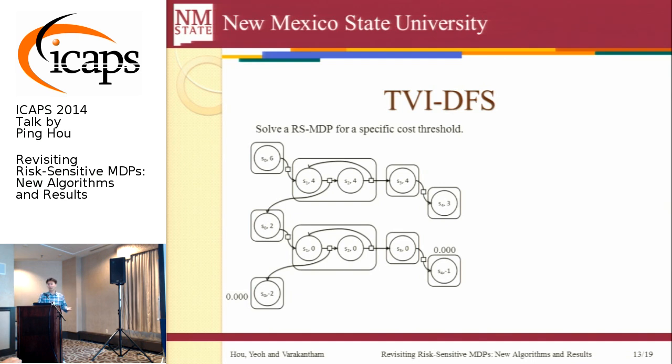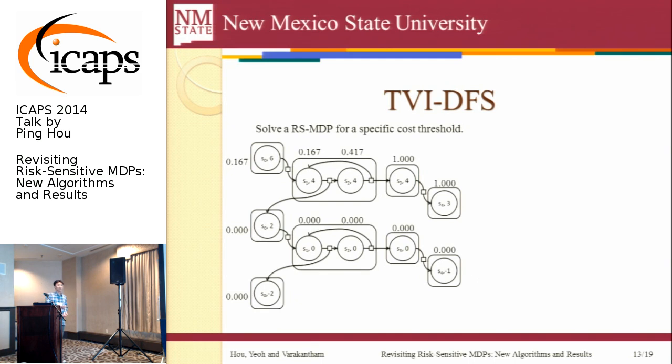Then, based on the update equation, you can calculate the reachable probability for this branch. It's also 0. And for the goal state with no negative cost threshold, the reachable probability is 1. Now you can calculate this as 1. Then you can calculate the reachable probability for the states in the SCC and get a number like this. Finally, you get the reachable probability of the initial state.